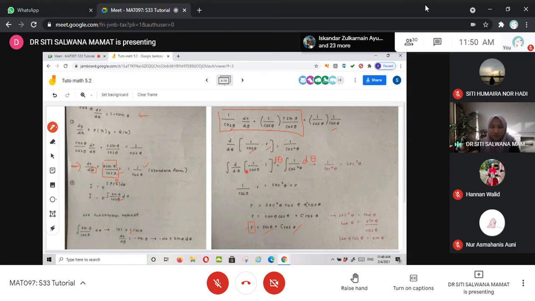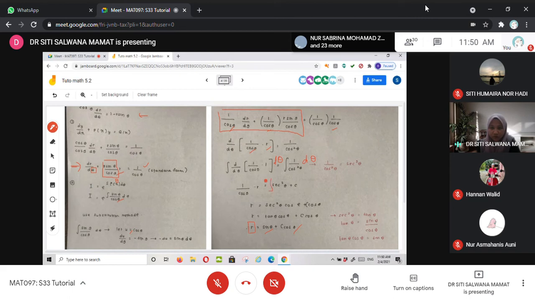So you integrate this, you akan dapat 1 over cos theta, our function. Okay, so that yang ni lastly you akan dapat apa ni? 1 over cos is equal to secant. 1 over cos squared is equal to secant squared.